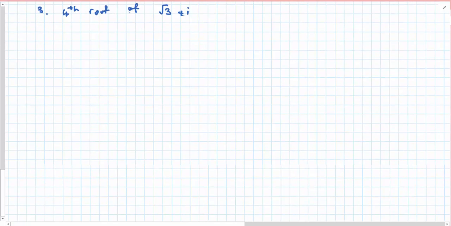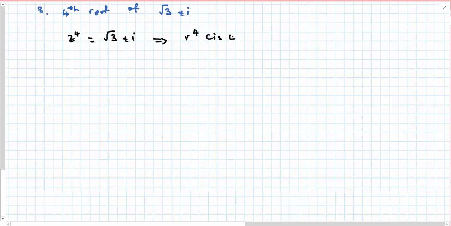So I am going to start off by stating that we're going to let z to the 4 be the same as root 3 plus i. That would mean that r to the 4 cis 4 theta is the same as root 3 plus i.